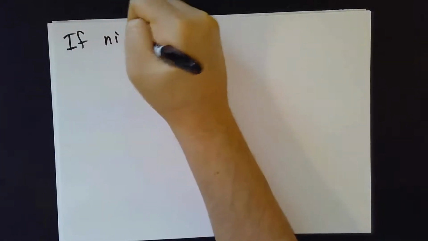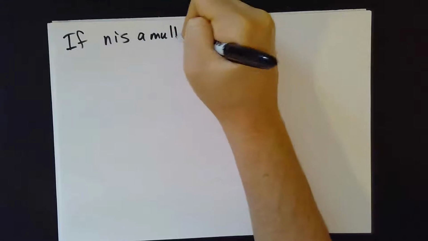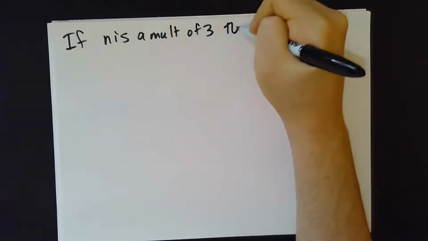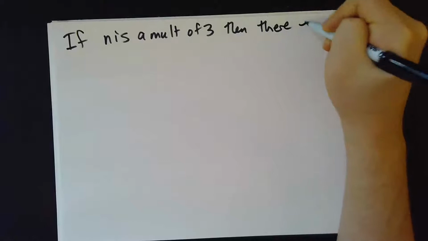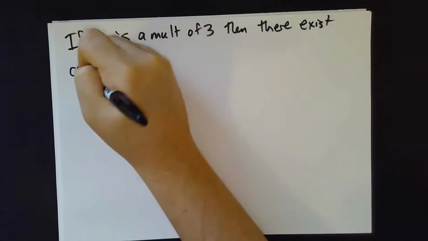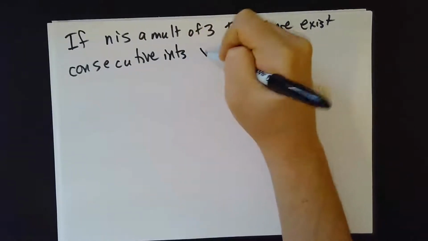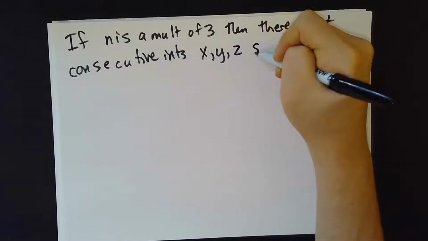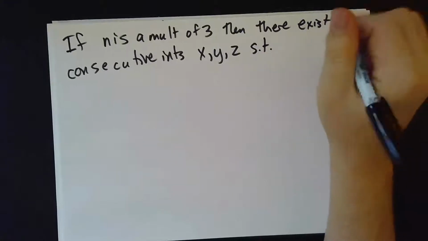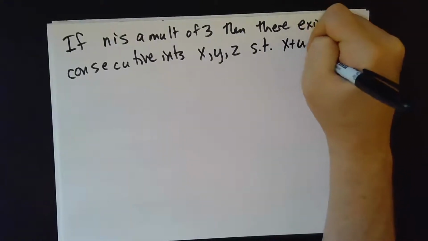Okay. Kratib asks about the contrapositive of the statement: if n is a multiple of 3, then there exist consecutive integers x, y, z such that x plus y plus z is n.